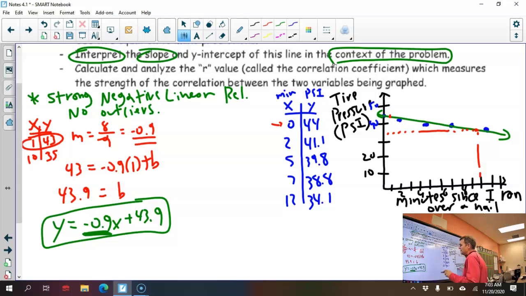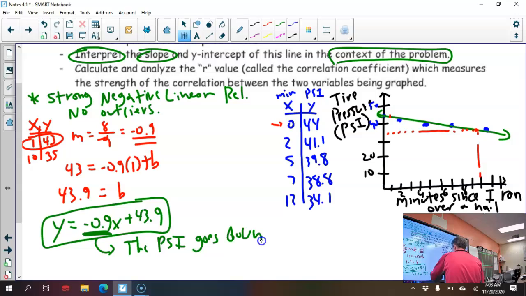It means that the y value goes down 0.9 for each x value. Or it means the PSI goes down 0.9 pounds per square inch each minute. All right?